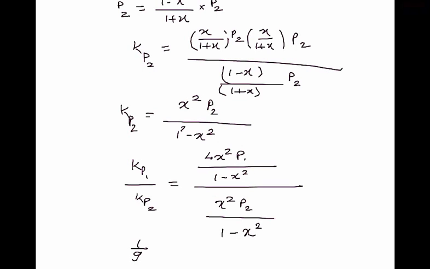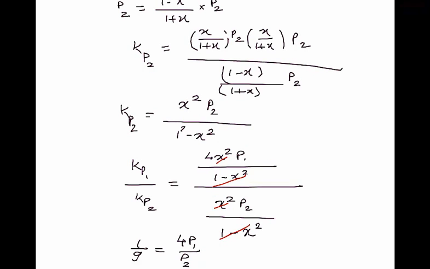It would be 1 by 9 is equal to 4P1 by P2. Right? All of these things will get cancelled. Students, I hope you can do this much maths.